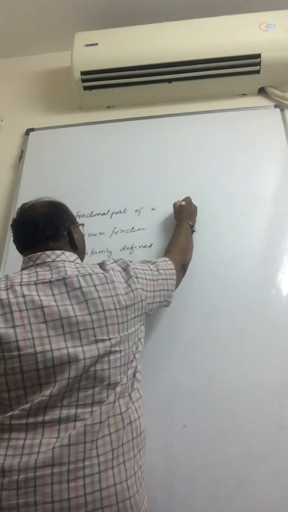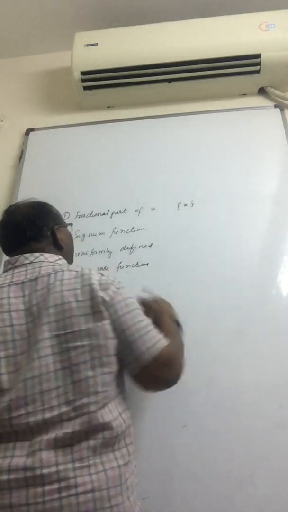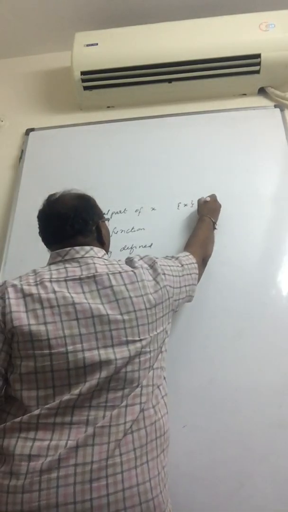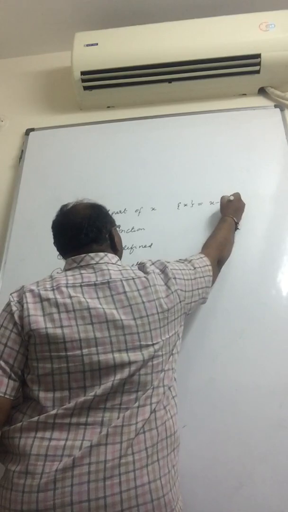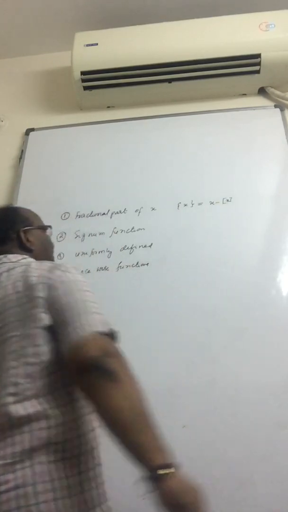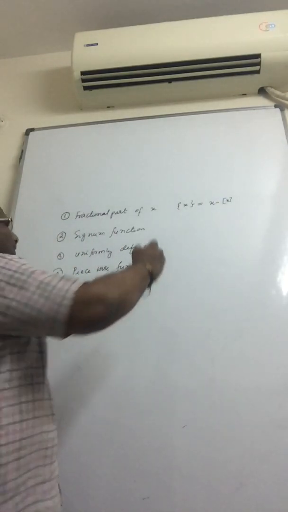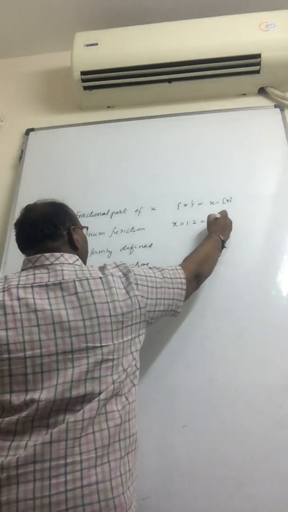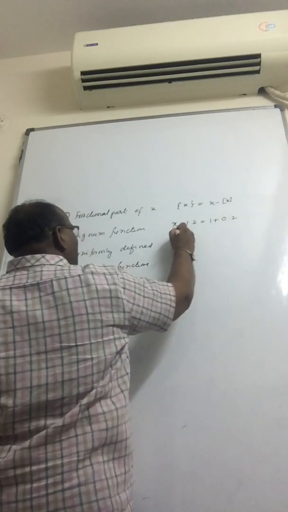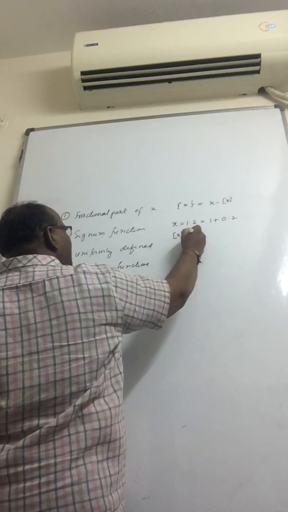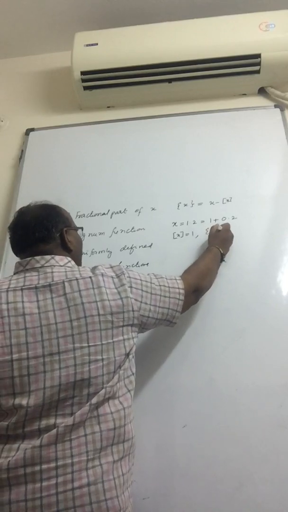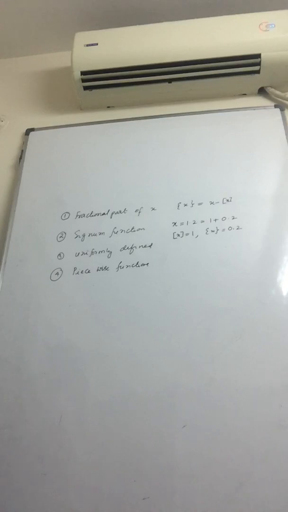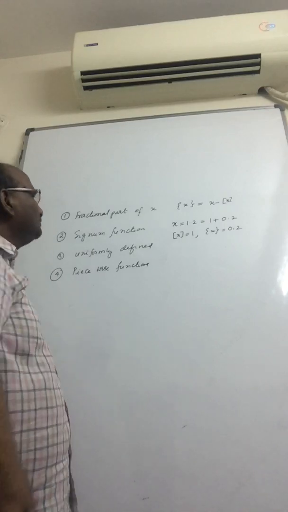Fractional part of x, notation like this: I'll put x in flower brackets. It is defined as x minus integral part of x. It's very simple. Once you take x as 1.2, which I can write as 1 plus 0.2, integral part of x is 1, fractional part of x is 0.2. Right?